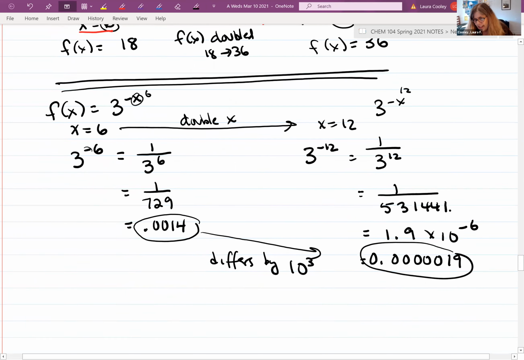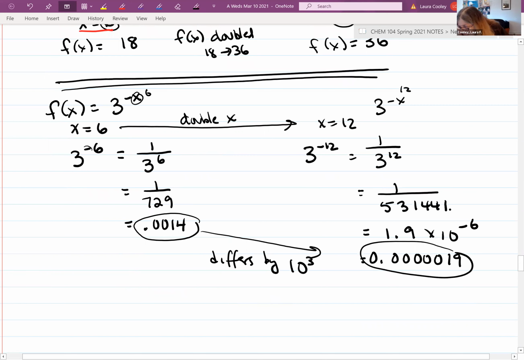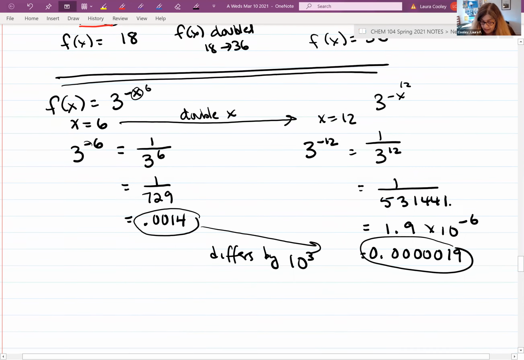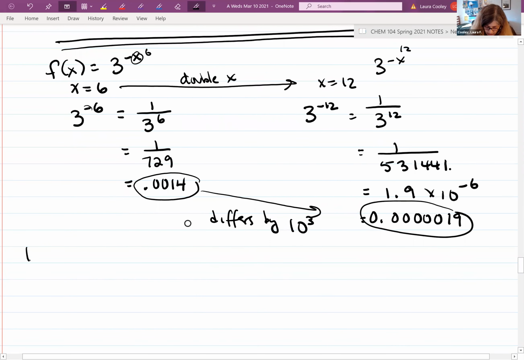So my point is that when a number is in the exponent of a function, it has a huge influence on the value of that function. That's why I did this whole stupid example, okay?